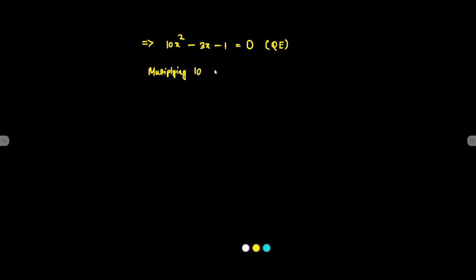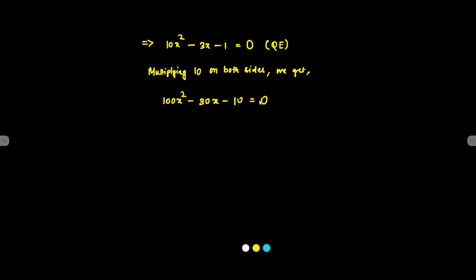Multiplying by 10 on both sides, we get 100x square minus 30x minus 10 is equal to 0.